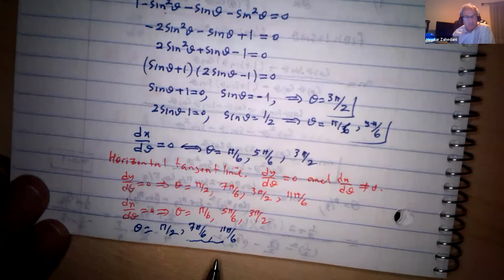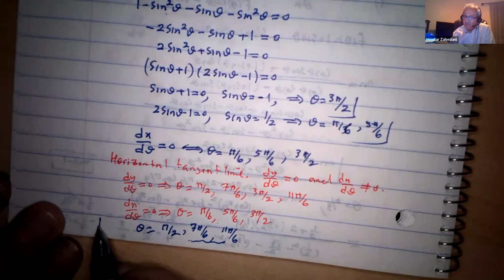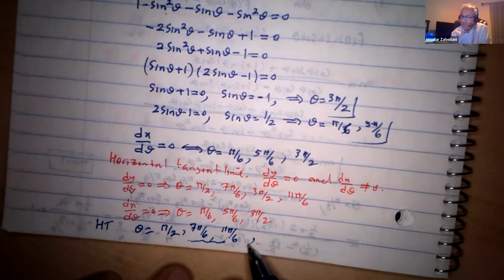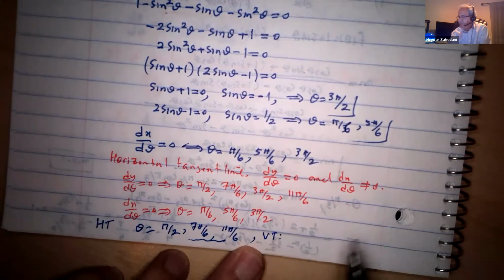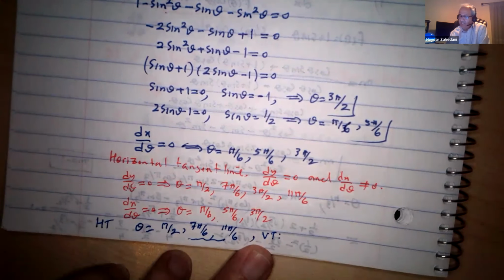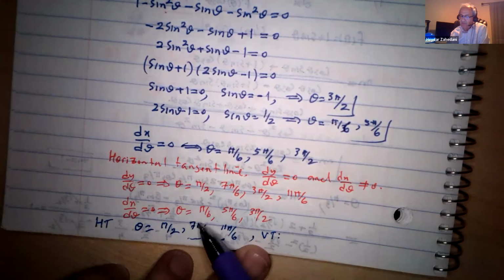Now the vertical tangent line is the other way around. dx/dθ can be equal to 0, but not dy/dθ.